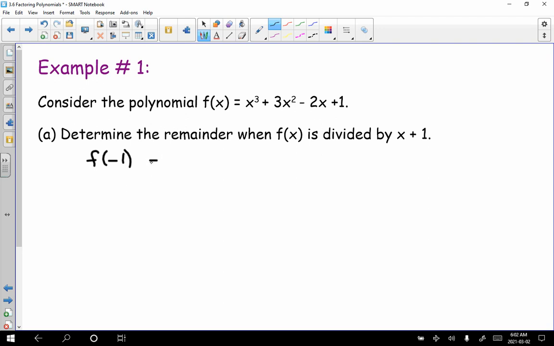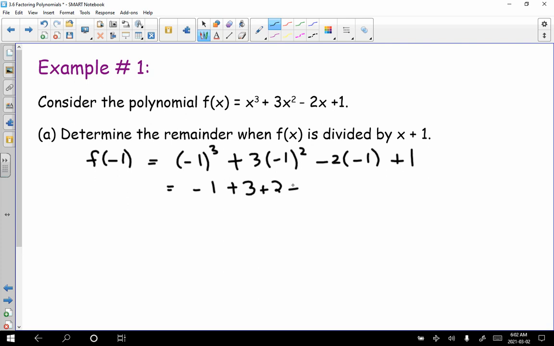That would be equal to minus 1 cubed plus 3 times minus 1 squared minus 2 times minus 1 plus 1. And that'll work out to negative 1 plus 3 plus 2 plus 1. That would be 3 plus 2, 4, 5, 6 minus 1, which is 5.